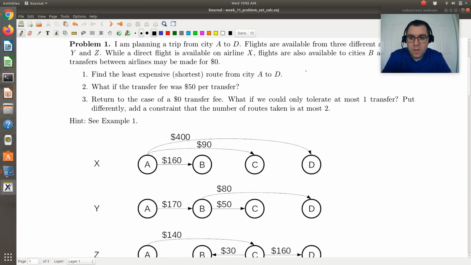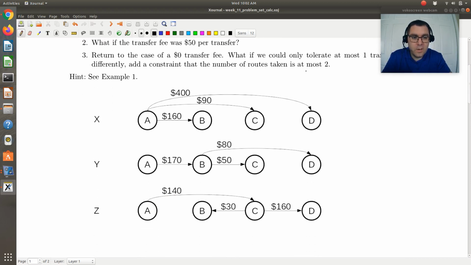Part 1 is a little tricky, in that the setup could be a little different than we might imagine. What I might originally think of is that I could transfer.